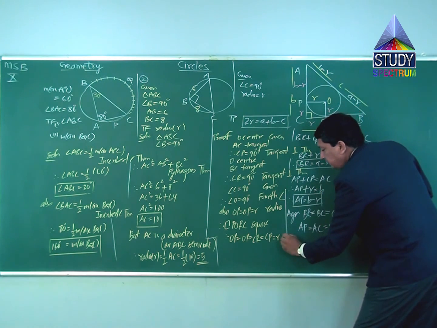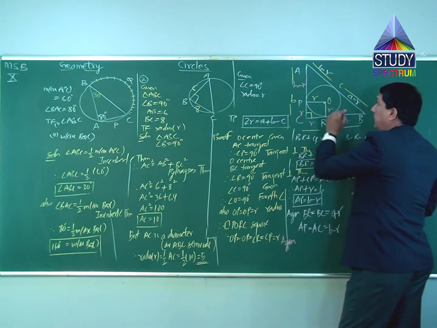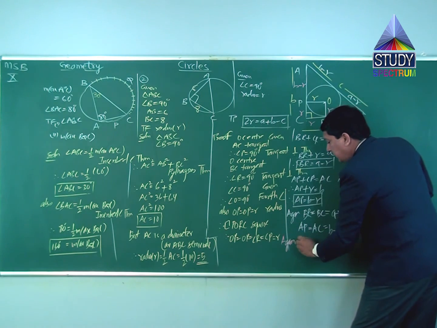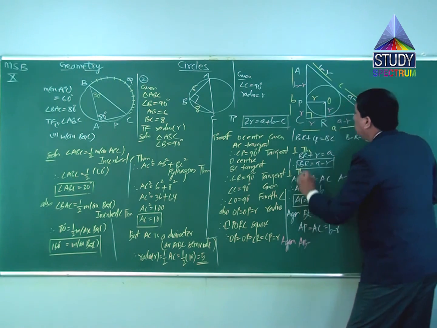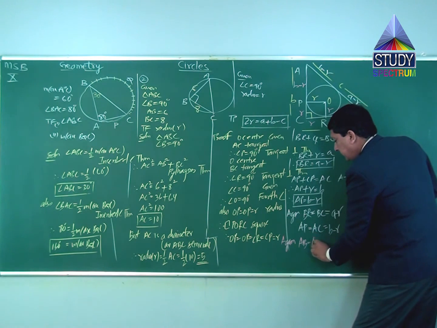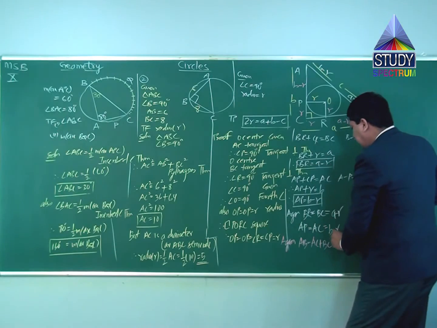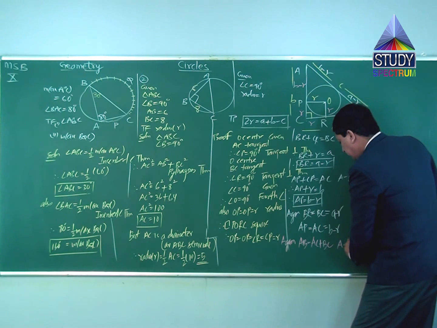At last, look at this line, AB. Now, AB is what? AB is C. So I write down that AB is equal to AC plus BC, segment ACB, straight line.